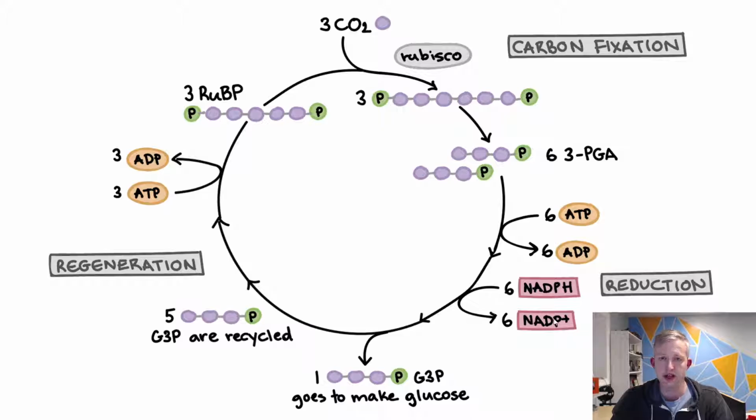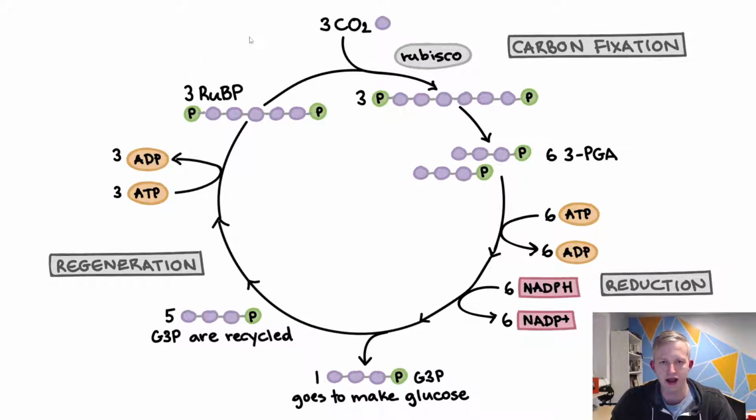Some changes are made to them. Hydrogens and OHs and things are moved around and changed in their shape in order to produce this precursor to glucose, this sort of 3 carbon thing that is ready to be attached to another one to become our standard 6 carbon C6H12O6 glucose molecule.